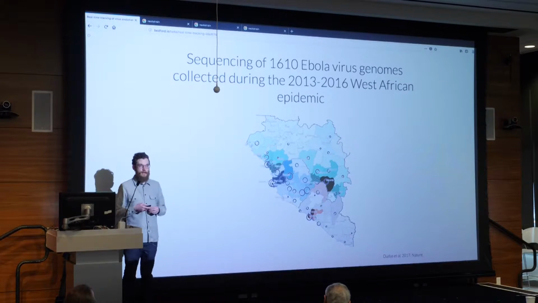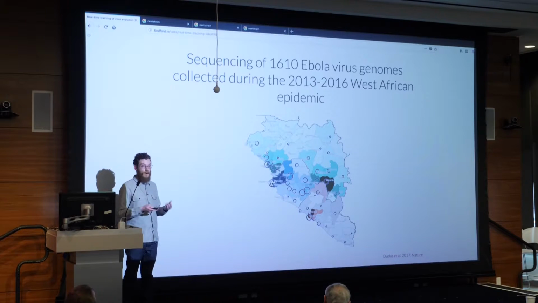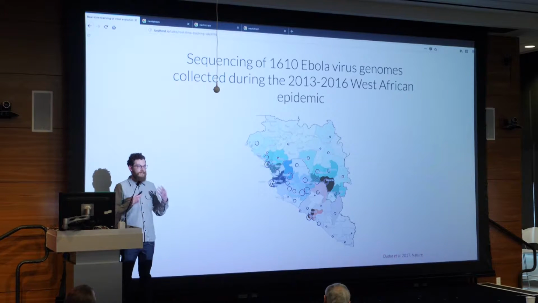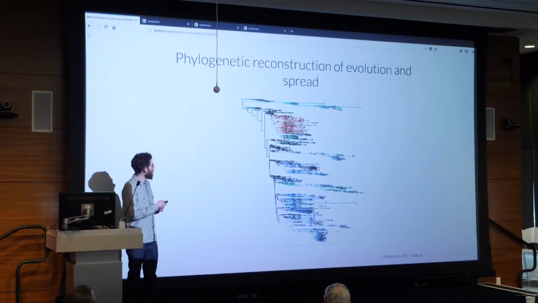Colors show cases in different areas, and circles show the genome count. Sierra Leone, Guinea, Liberia are well represented. Then, with these genomes, we go and make a phylogenetic tree. This is data from all 1,600. We have 1,600 dots here, and each of these is an individual Ebola infection. The branching pattern that you see here comes from the genome sequence, so we can know how these are related based upon the mutations that have occurred over the course of the outbreak.